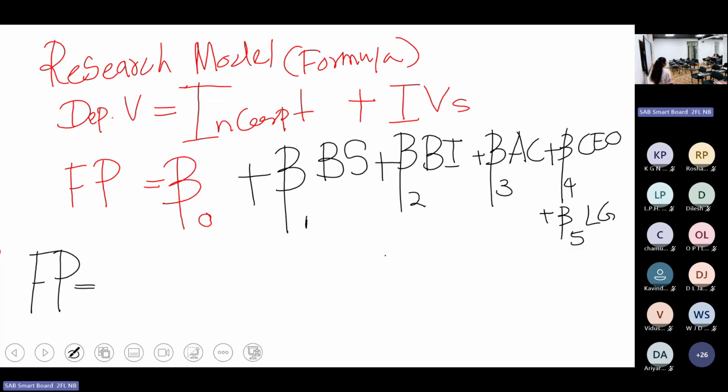Can anyone tell me the intercept, beta 0? How much is beta 0? I also can't remember it.